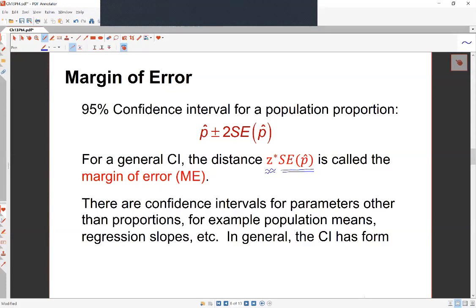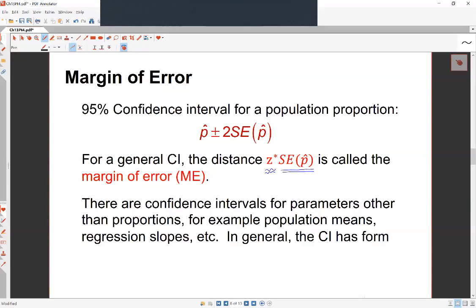And there are many quantities, not just proportions, where this general type of formula holds. You'll see in the coming weeks, we're going to look at population means and regression slopes and constructing confidence intervals for them.